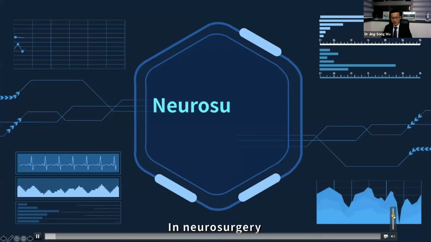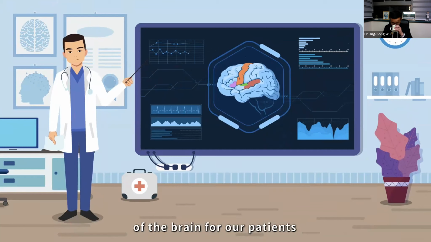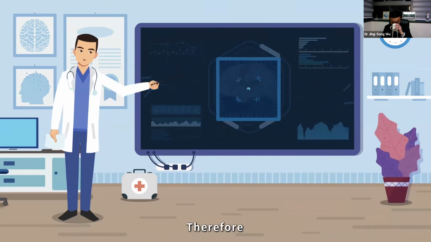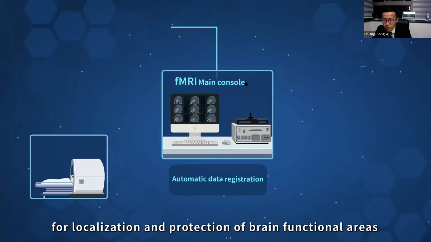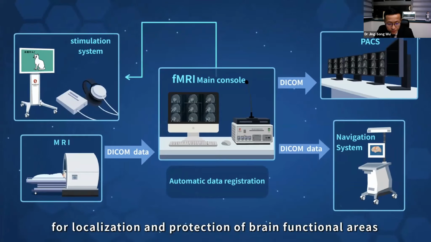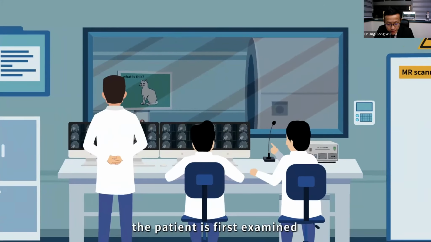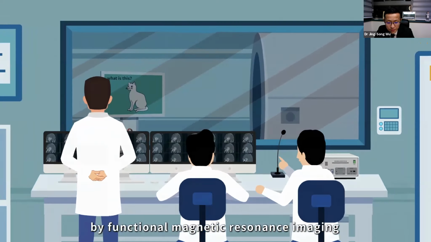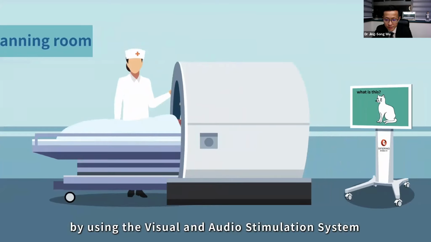In neurosurgery, it's very important to protect key functional areas of the brain for our patients. Therefore, we have developed a preoperative and intraoperative system for localization and protection of brain functional areas. Before operation, the patient is first examined by functional magnetic resonance imaging using the visual and audio stimulation system.